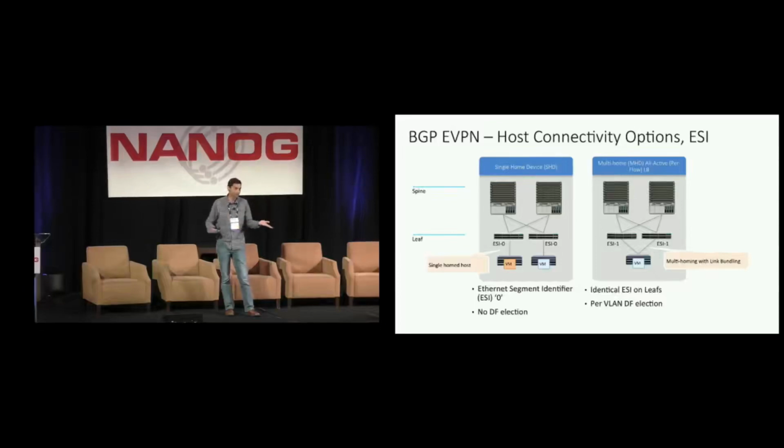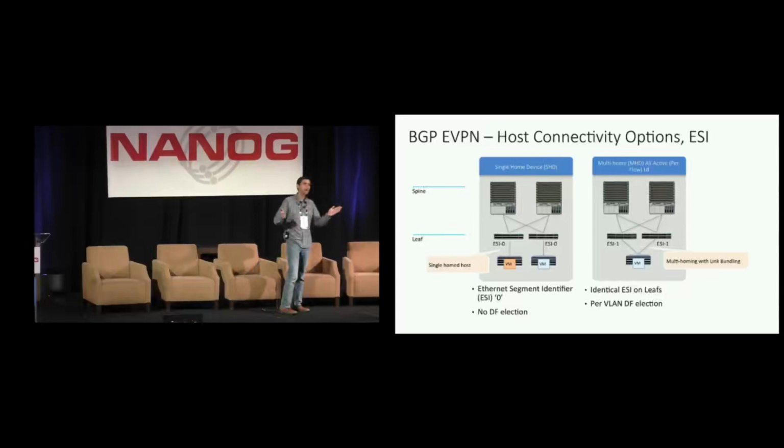For example, here, if the host is multi-homed to 2 leaves, both leaves will have the exact same globally unique ESI value associated with the bundle interface on the respective leaves.